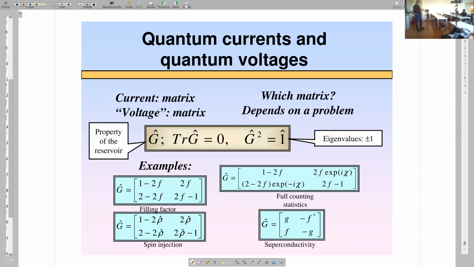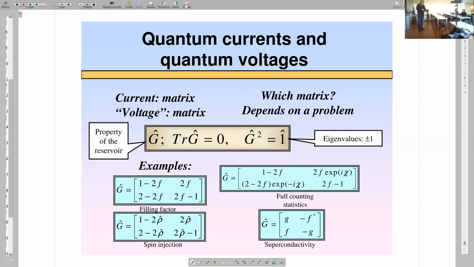Right, so we have matrix currents, and they obey a little bit funny property: it is a matrix with a trace 0. It's okay, but the square of this matrix is 1. If the square of the matrix is 1, you can say something about eigenvalues. The square of each eigenvalue is 1, so eigenvalues are plus minus 1.